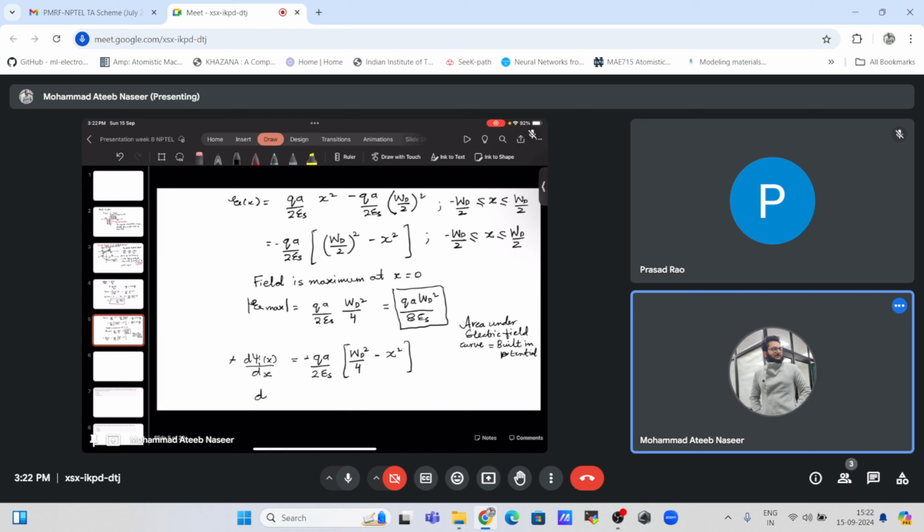This will be d psi, so this will simply be psi I of x. If I integrate this, it would be qa by 2 epsilon s times Wd square by 4 minus x square dx.